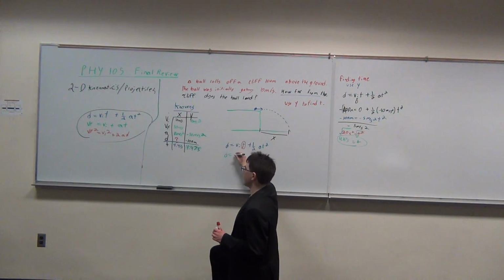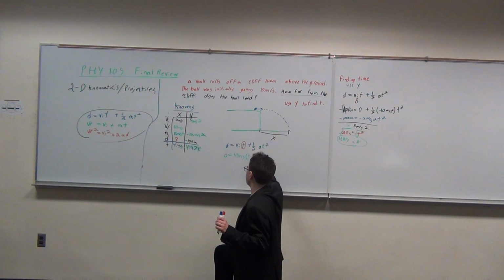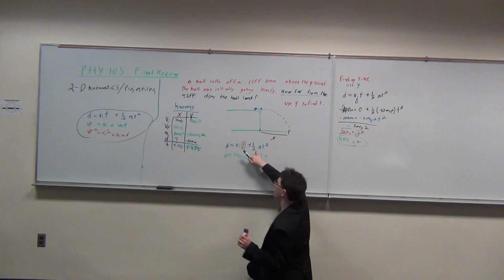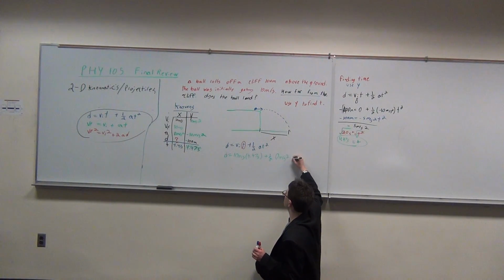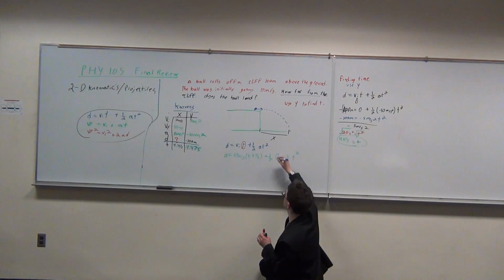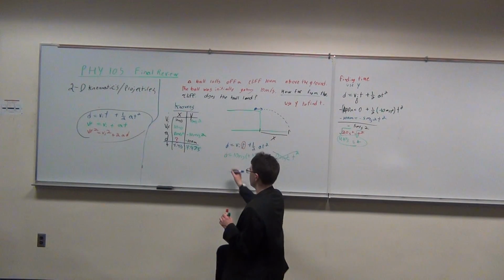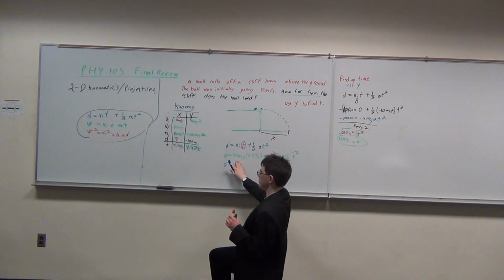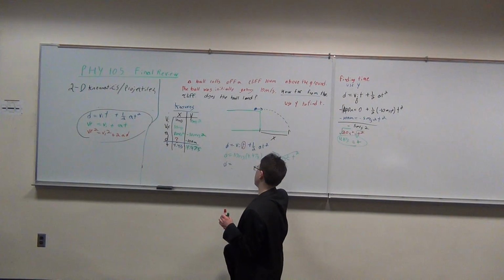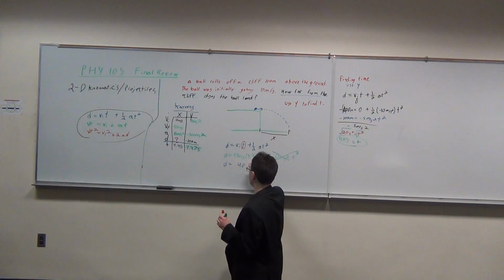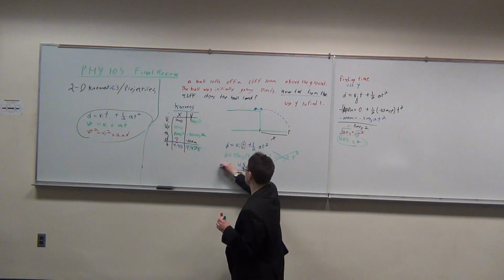Distance equals VI, 10, times time, 4.47, plus 1/2 times 0 meters per second squared, times t squared. This cancels out. We get distance is equal to 10 meters per second times 4.47 seconds, and we get about 45 meters.